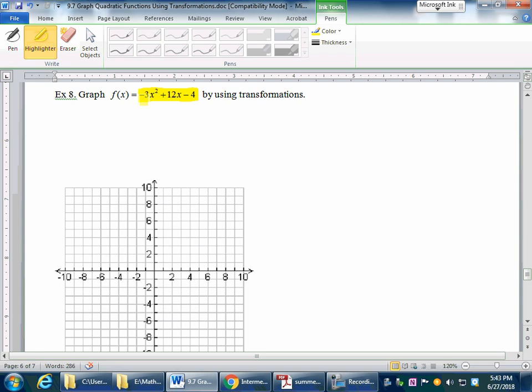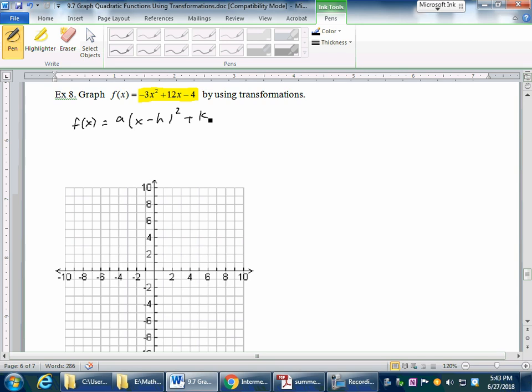So how do we change it back into a standard form or a vertex form? So remember, the standard form or vertex form is this: f of x is equal to a times x minus h squared plus k.